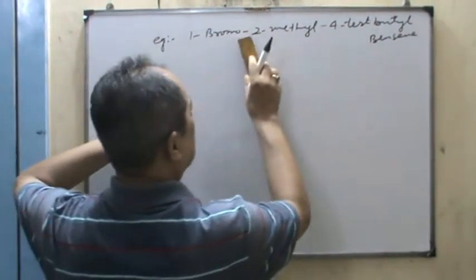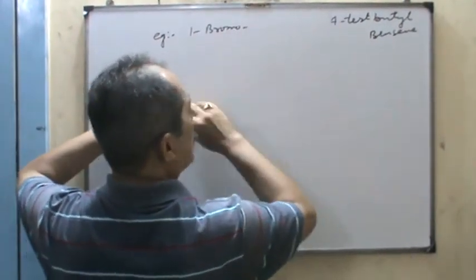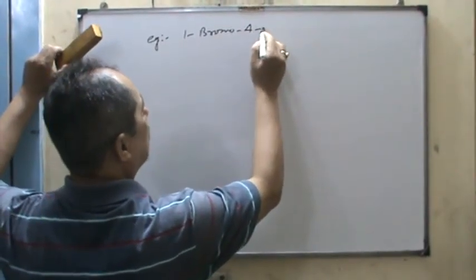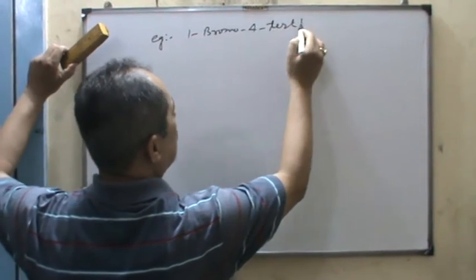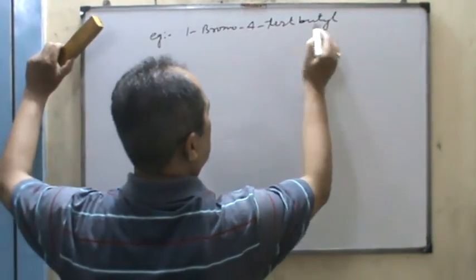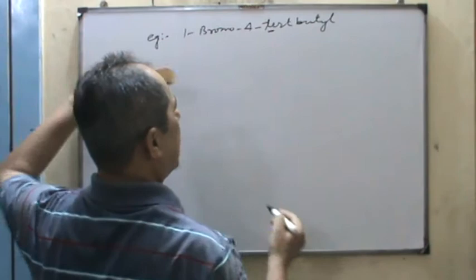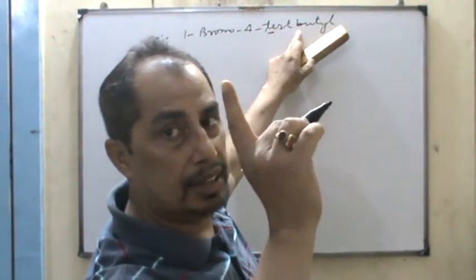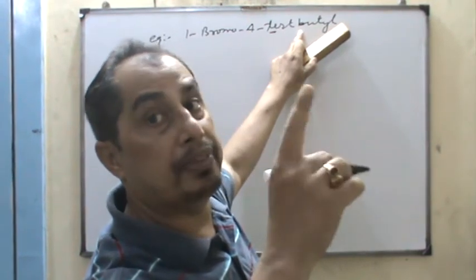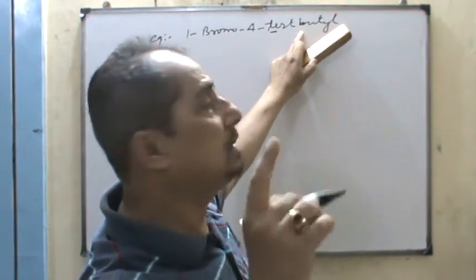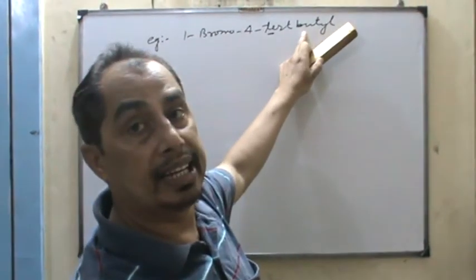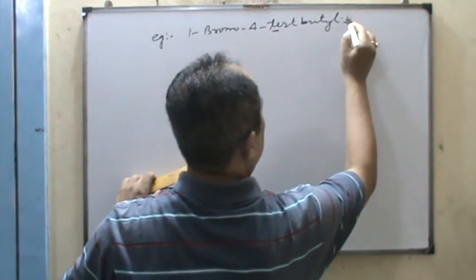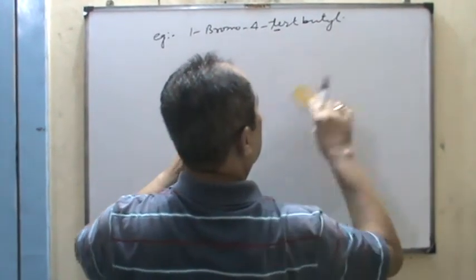Here, first write 1-bromo, taking it alphabetically. 4-tertiary butyl: tertiary is not taken as alphabetical, but B is taken as alphabetical. Tertiary, primary and secondary are prefixes, but the root word is what is taken alphabetically. So 1-bromo, 4-tertiary butyl, 2-methyl.